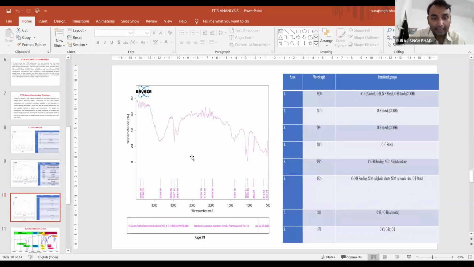Next, you can see now this is another FTIR analysis of Lycopodium clavatum mother tincture from different pharmaceutical companies. So generally when we talk about standardization and any type of research work which is generally done by our PG students and pharmacy people, we procure the same mother tincture from different pharmaceutical companies.